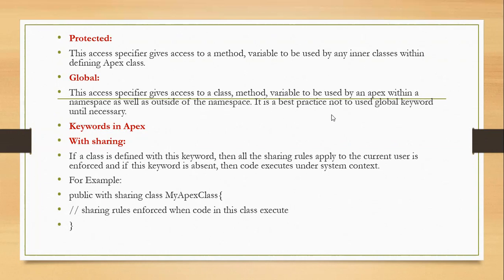It is a best practice not to use any global keywords unless necessary. Keywords in Apex: with sharing. If a class is defined with this keyword, then all the sharing rules applying to the current user are in force. And if this keyword is absent, then the code executes under the system context. For example, public with sharing class MyApexClass: sharing rules are enforced when code in the class executes.